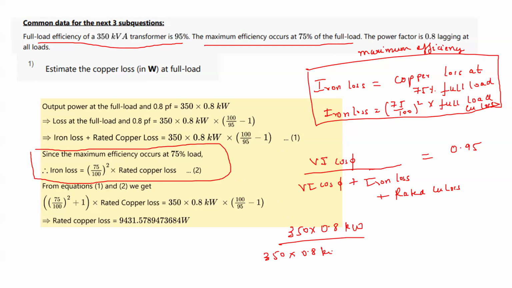I'm not writing into 10 power 3, so this is kilowatt, plus iron loss plus rated copper loss is 0.95. Okay, one minute.